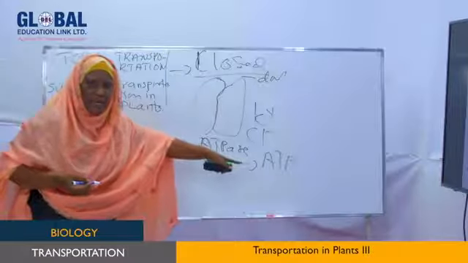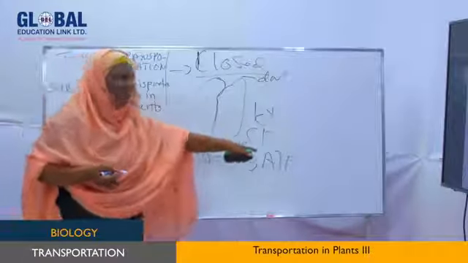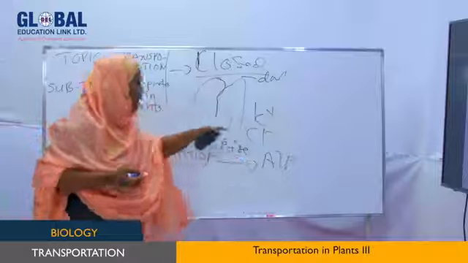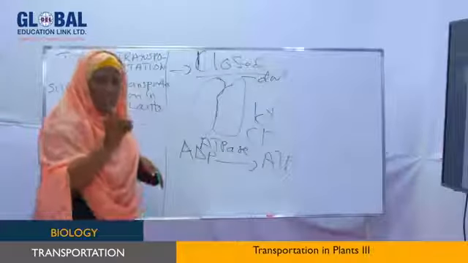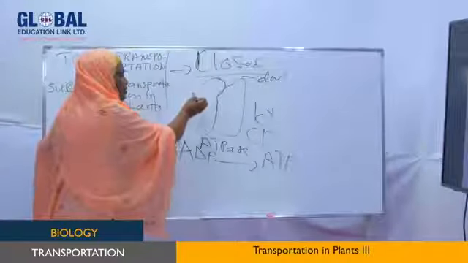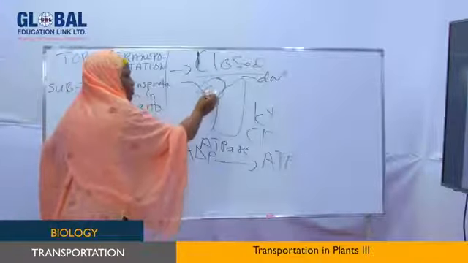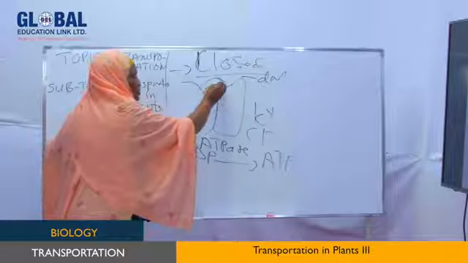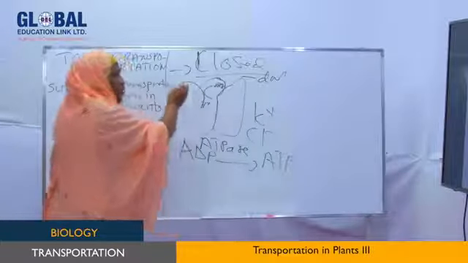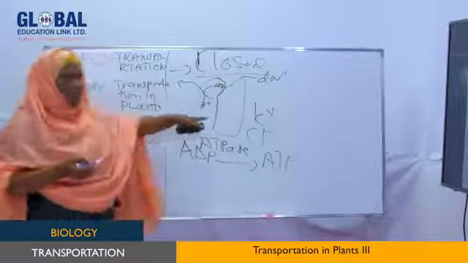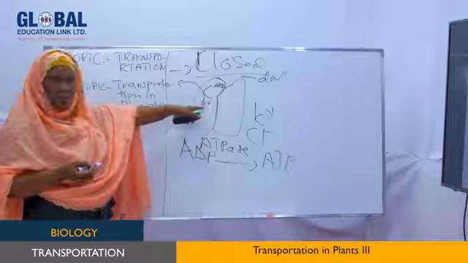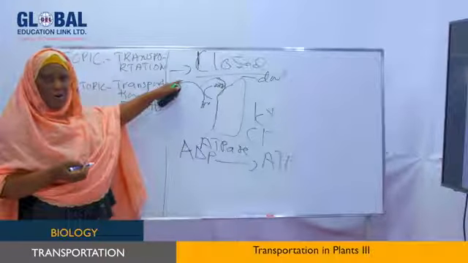This ATP, which has been activated here, will be used to pump hydrogen ions from guard cells to other epidermal cells.